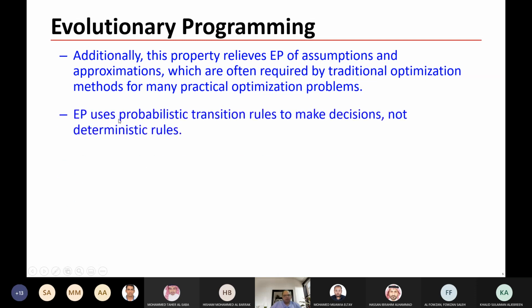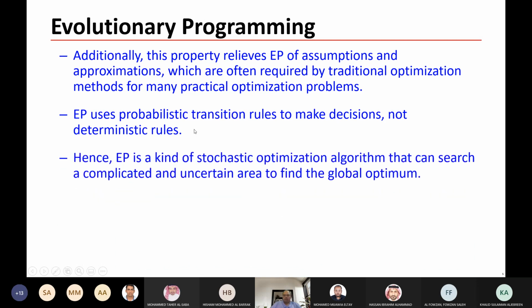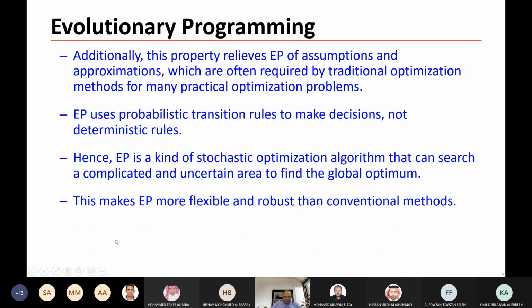EP uses probabilistic transition rules to make decisions, not deterministic rules. You have crossover probability, you have mutation probability, you have randomness. So this makes the search robust. And EP is a kind of stochastic optimization algorithm that can search a complicated and uncertain area to find the global optima.